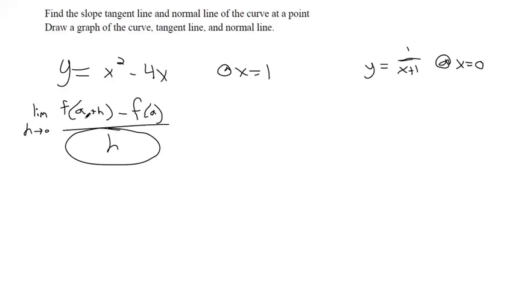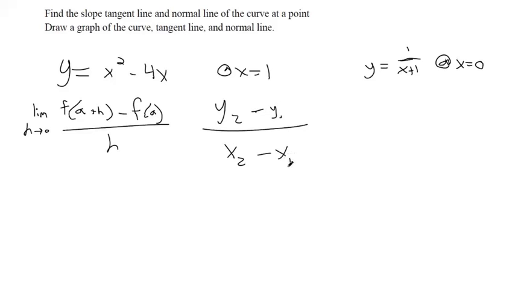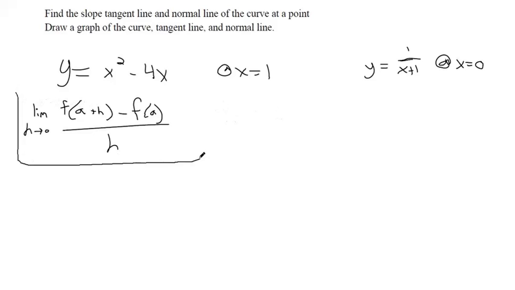So that's why h goes to 0, because the difference between the 2 points in our slope formula, y2 minus y1 over x2 minus x1, the 2 points we're picking are infinitely close to one another. That's why I'm taking the limit as h approaches 0. And then the y values that are coming out will converge to some value. So this is the formula for finding the slope between 2 points.